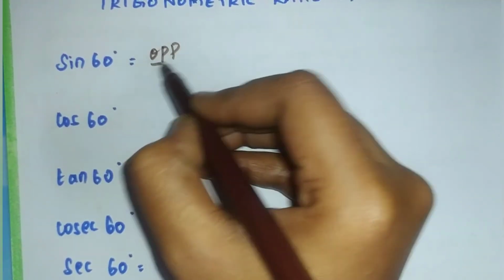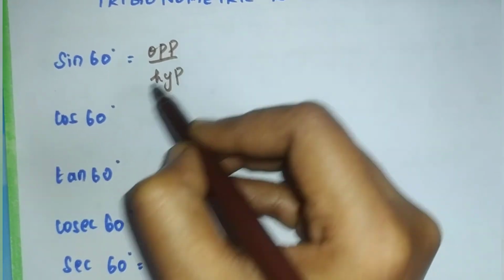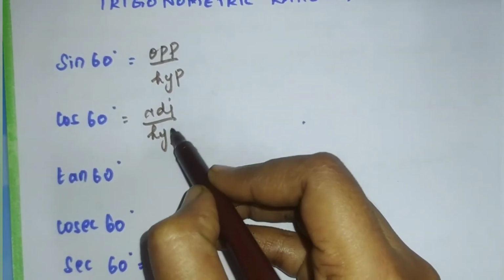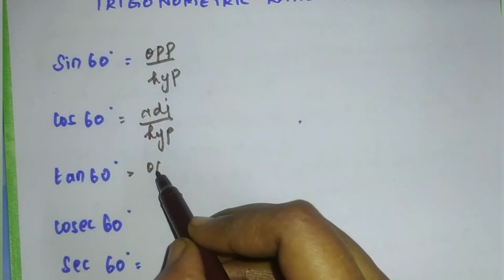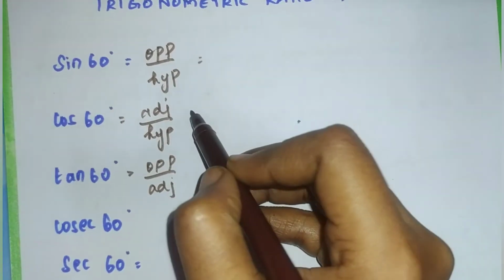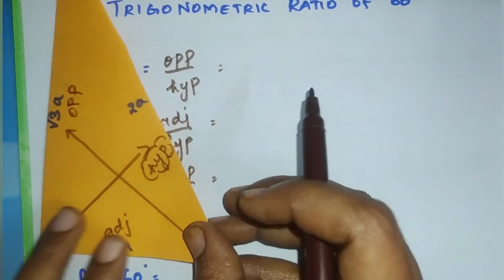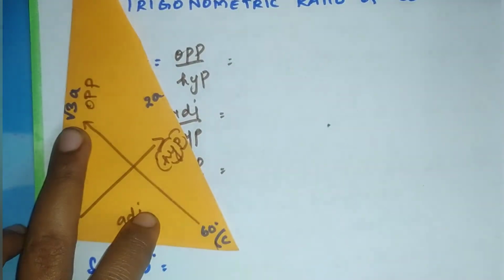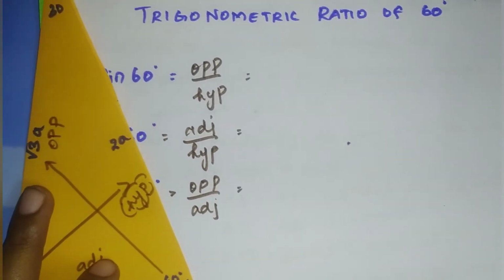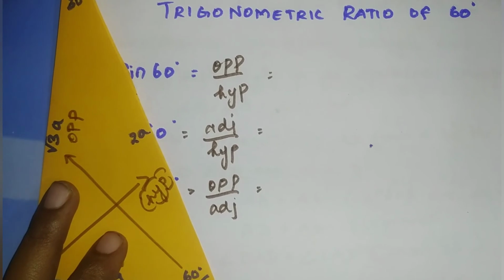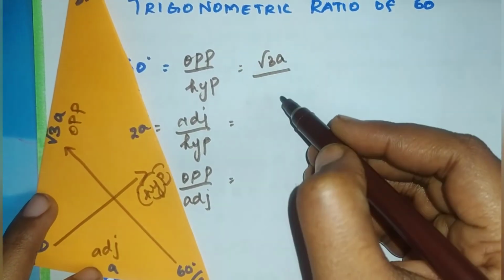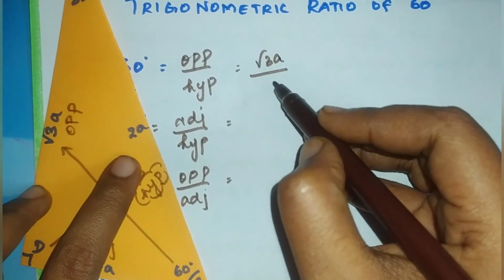Sine is opposite by hypotenuse. For cos, adjacent by hypotenuse. For tan, opposite by adjacent. Which one is opposite here? Root 3A. Root 3A is opposite.